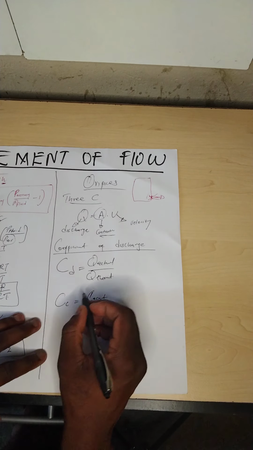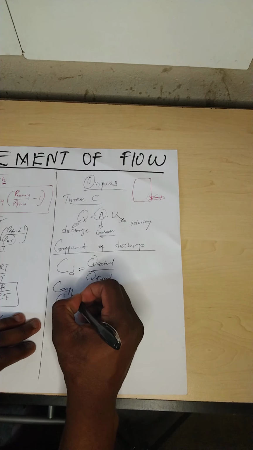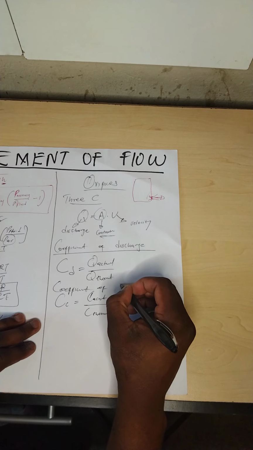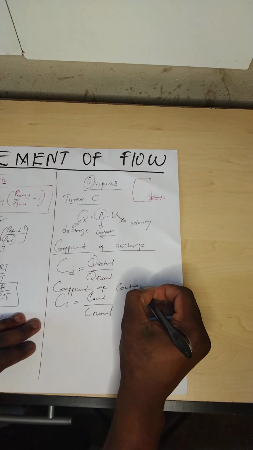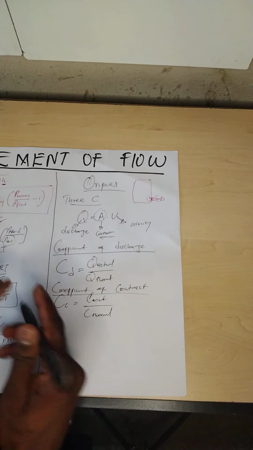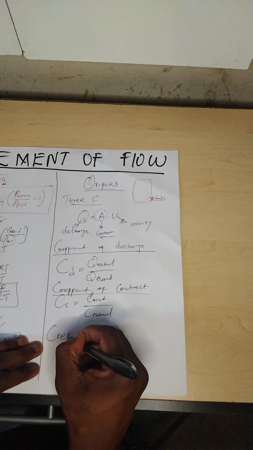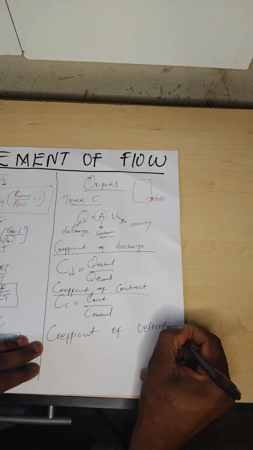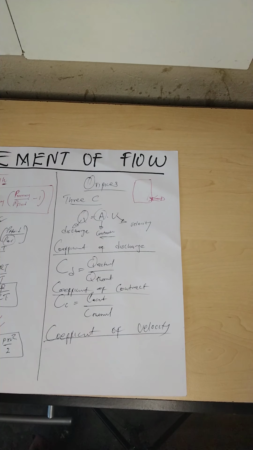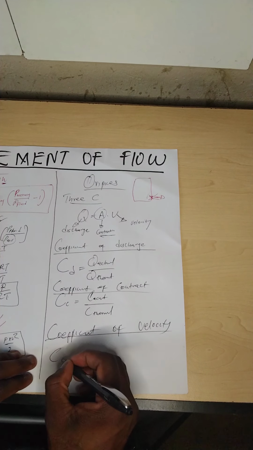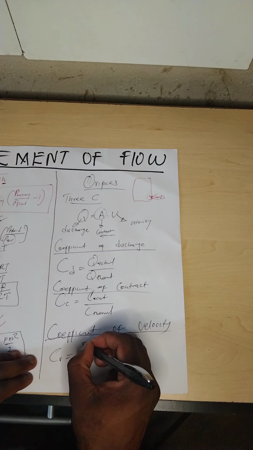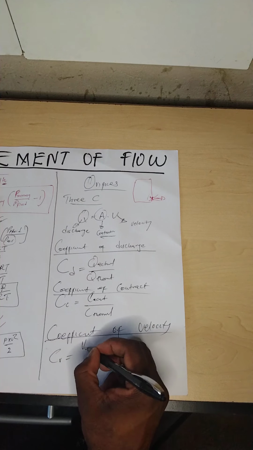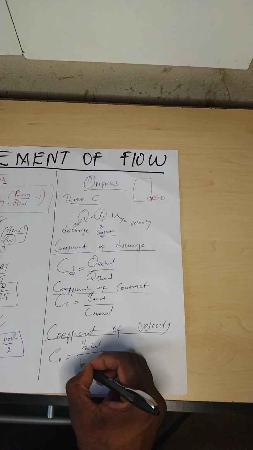Coefficient of contraction means how the size changes. Then number 3 is the coefficient of velocity. CV equals V actual divided by V theoretical.